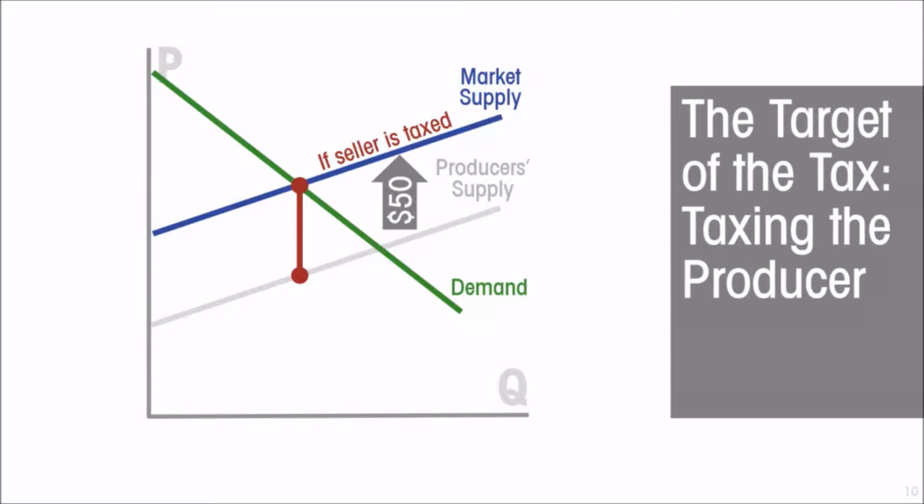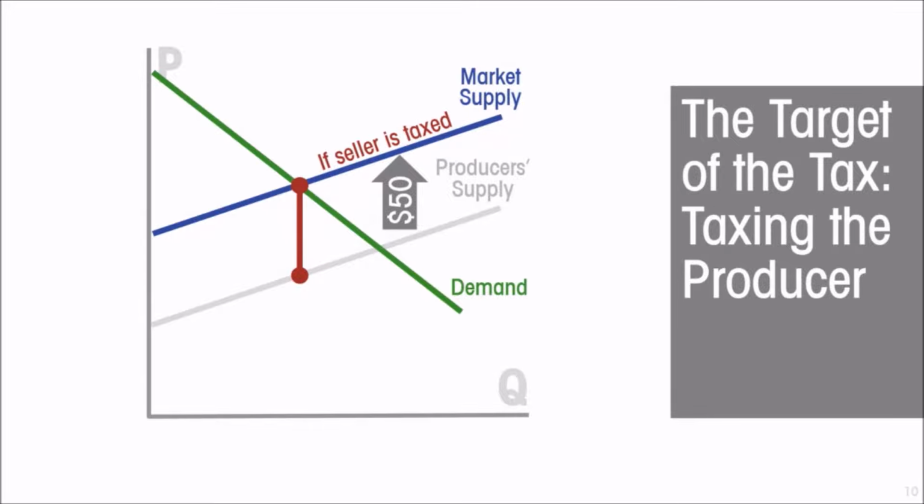The producer's willingness to supply has not changed. So we can say the producer supply curve is the same, but the market supply curve, the price at which the market, let us say, needs to be compensated for each quantity, is $50 higher. So we show it by shifting the supply curve upwards by the amount of $50.